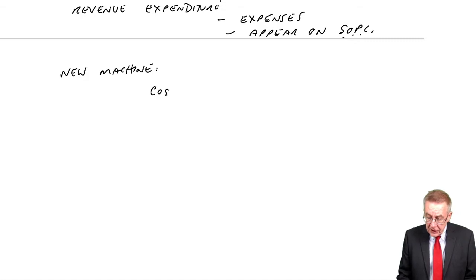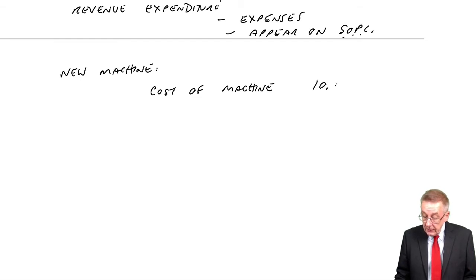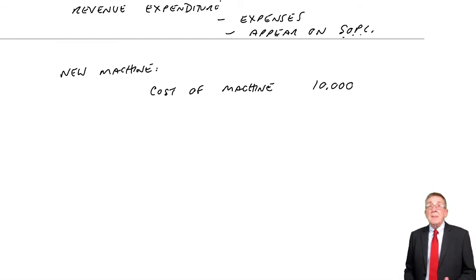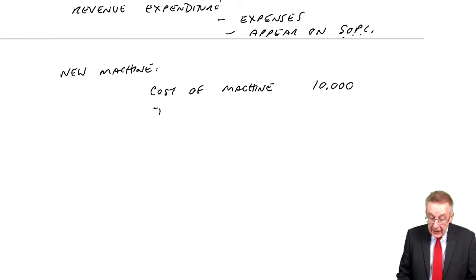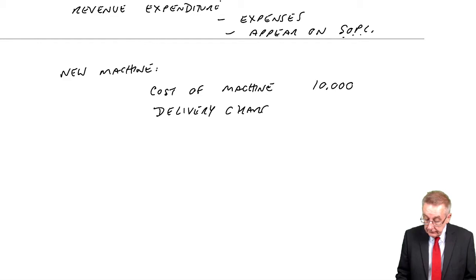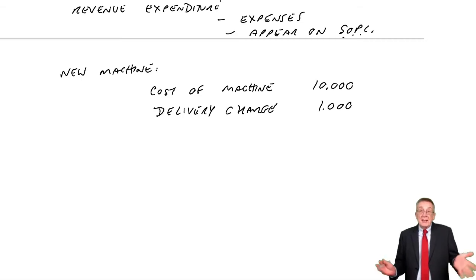It has cost of machine, 10,000. On the same invoice is a charge for delivery, which seems a bit excessive, but still 1,000.